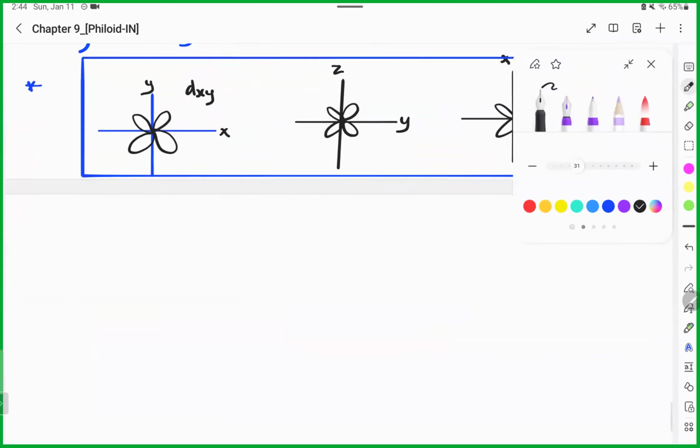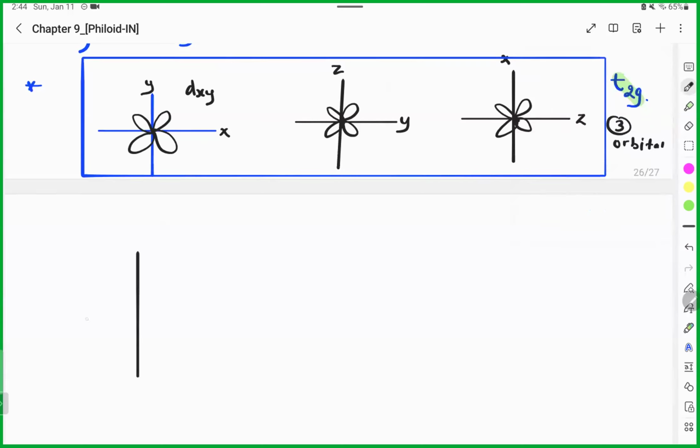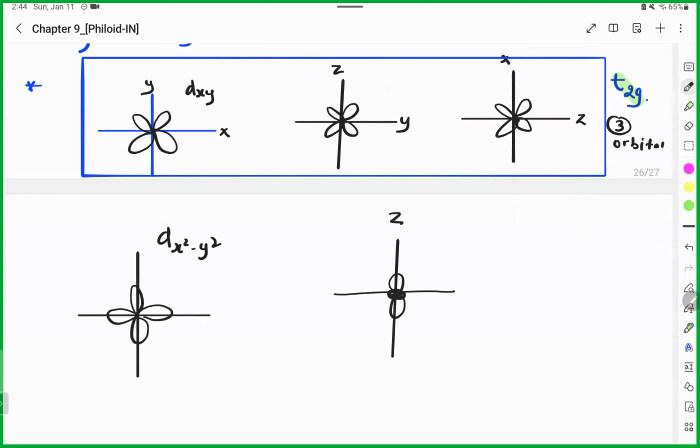Then there will be two more orbitals, where you have them on the x-axis and y-axis. This is dx square minus y square. And last, if you take the z-axis and the orbital is present along it with a ring, this is dz square, on both sides. These are the five orbitals.